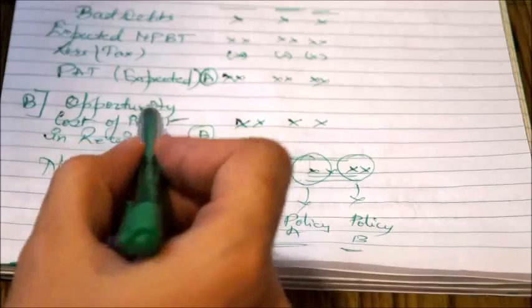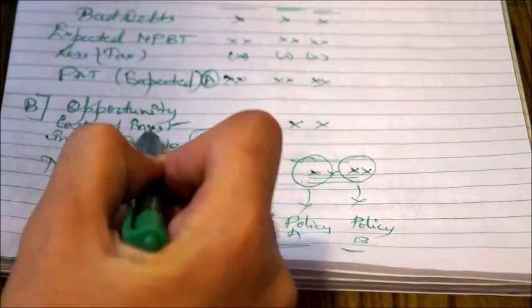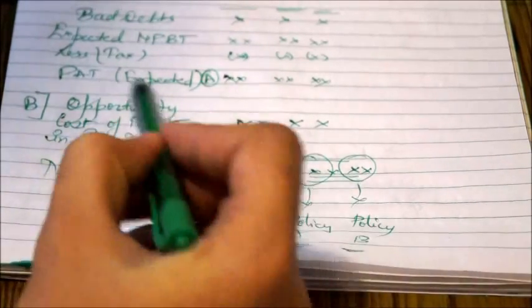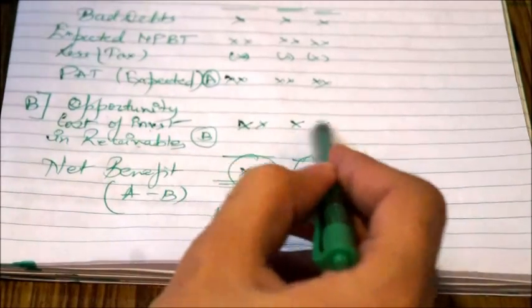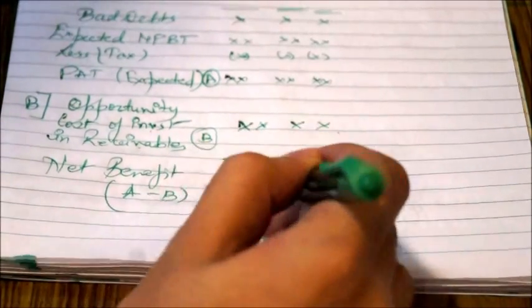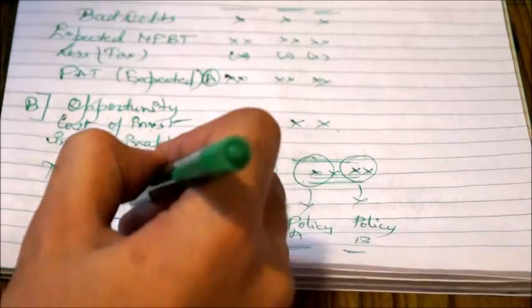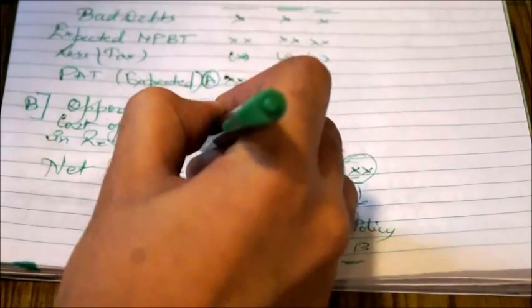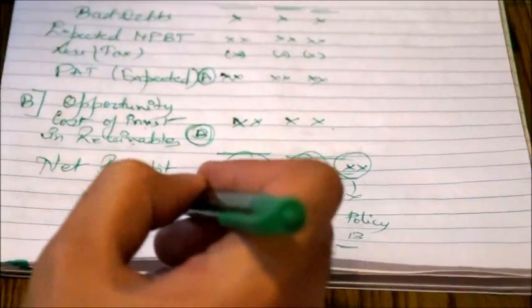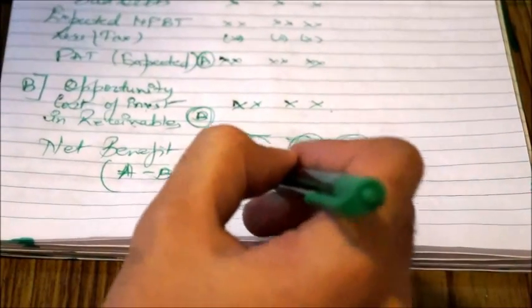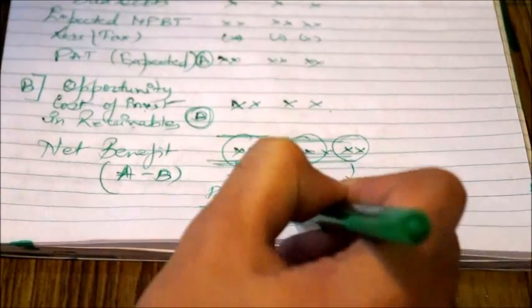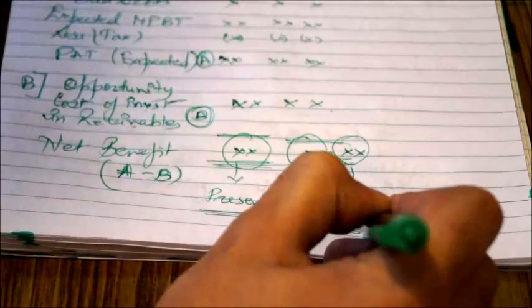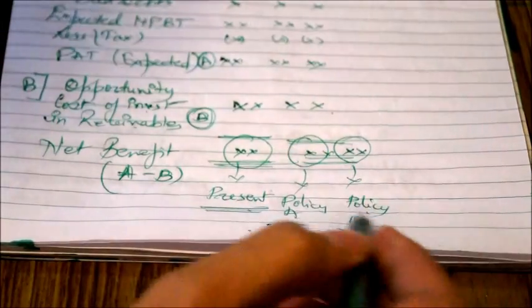A company has incurred opportunity cost of investment in the receivables. Like we just discussed before, the opportunity cost would be there because the funds are getting blocked over here, so that would be your B cost. And after this you can get your net benefit by A minus B, this being your sub B part. So he gets the evaluation of present policy benefit and how much is the policy by A and how much is in policy B, and he picks the one which is the best.